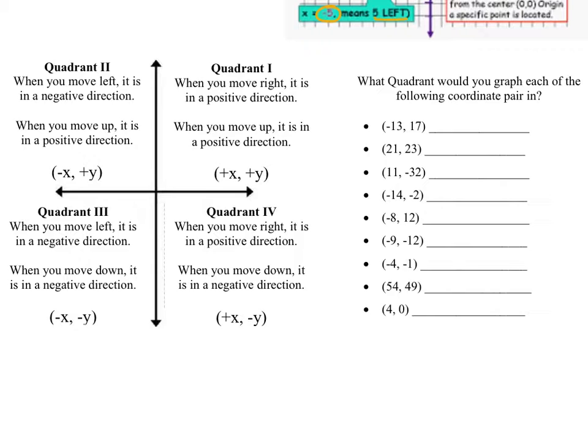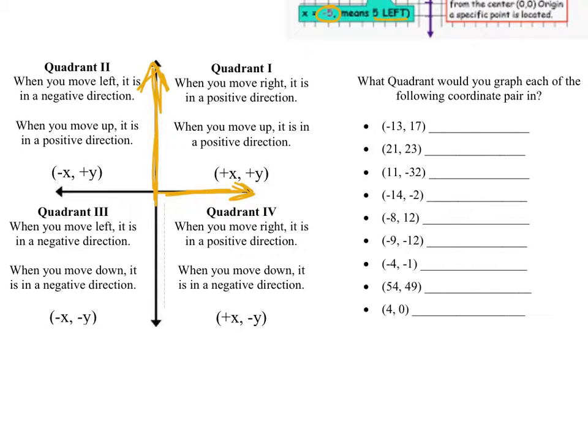Why? Because this is a number line, and all the positive values are to the right of the origin. Not only that, but all the values in quadrant 1 are upwards from the origin, which is why the y value is also always going to be positive in quadrant 1. And then we can use the same reasoning for all the others.